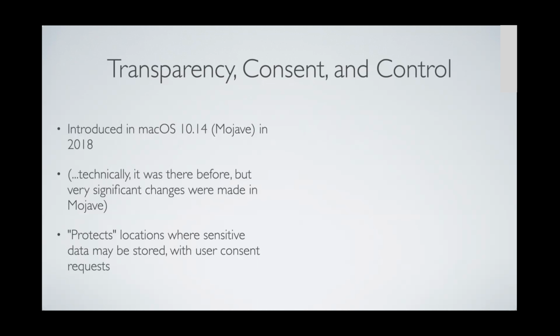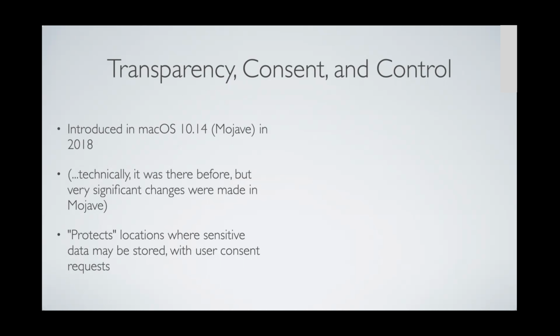Apple also added a kind of controversial improvement here called Transparency, Consent, and Control. Now, I say that this was introduced in Mojave in 2018. Technically, it was there before, but it really wasn't something that anybody knew was there. It didn't have any significant impact on the user for the most part. There were some very significant changes made in Mojave, and it became very apparent.